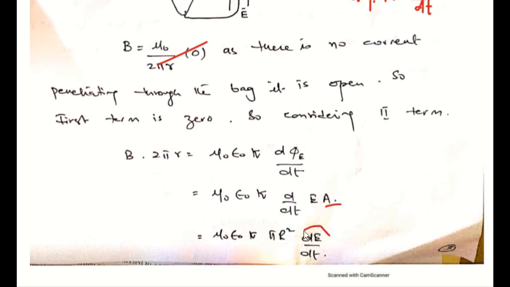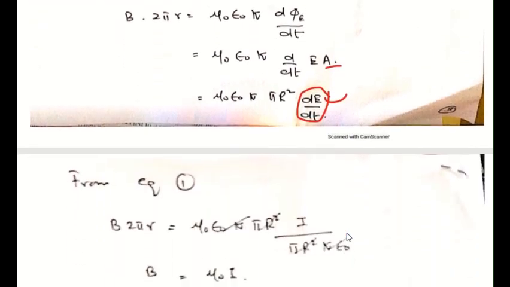And we have seen in equation 1 the value of dE over dt. So I'll replace the value of dE over dt over here, and that is I over pi r squared kappa epsilon naught.